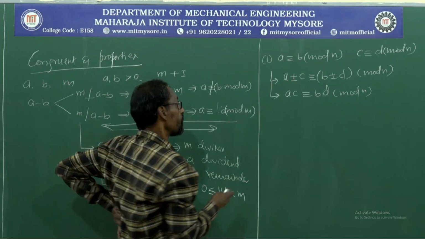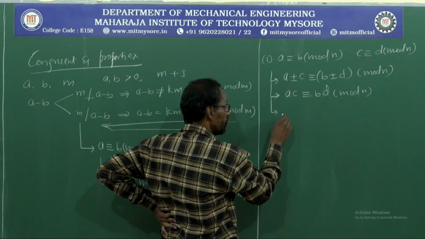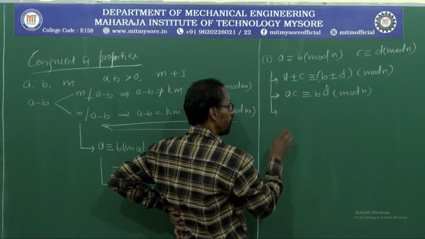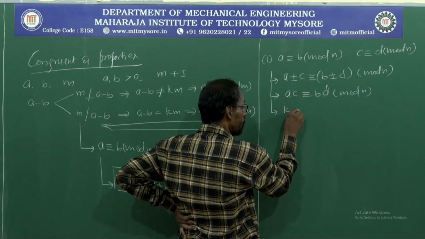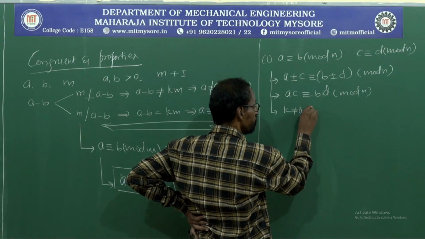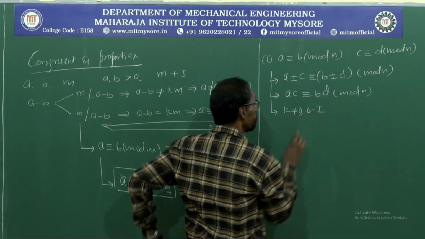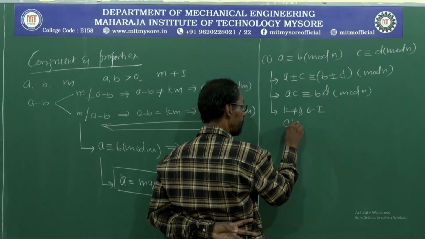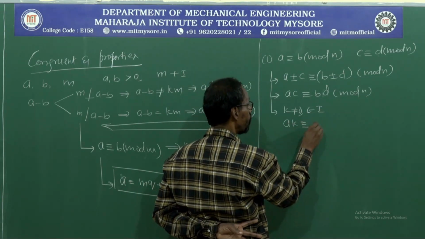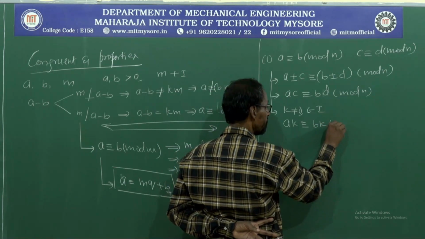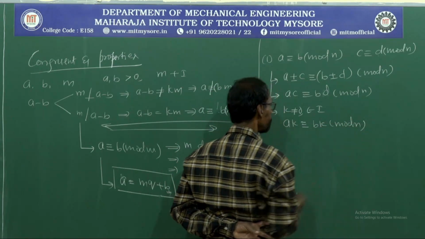One more property with respect to one modular class: if k not equal to 0 belongs to the integers, then a times k is always congruent to b times k mod n.